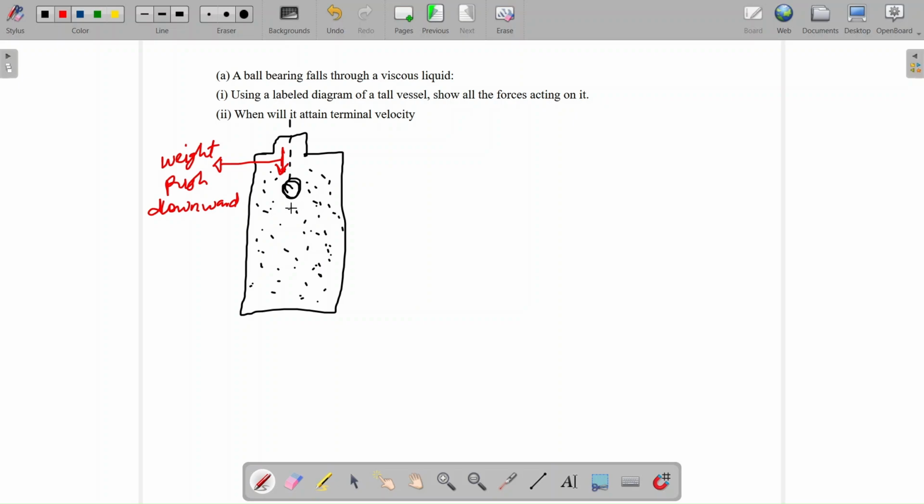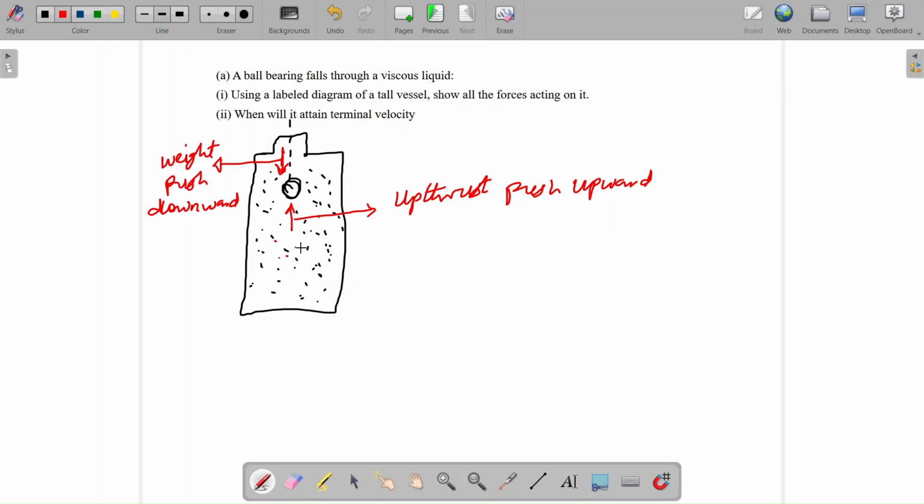So there is another opposing force called upthrust. So we have upthrust pushing it upward. We have another one that is also acting. We call it drag.